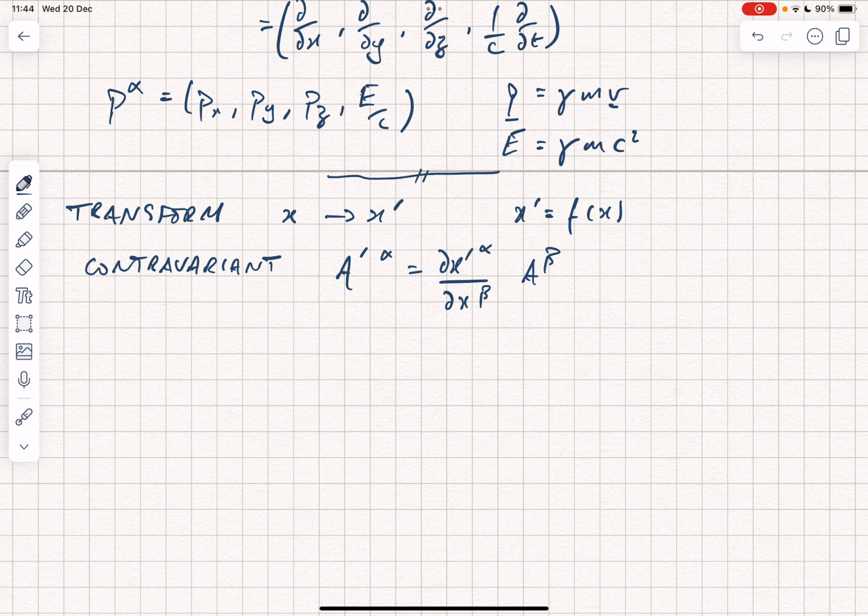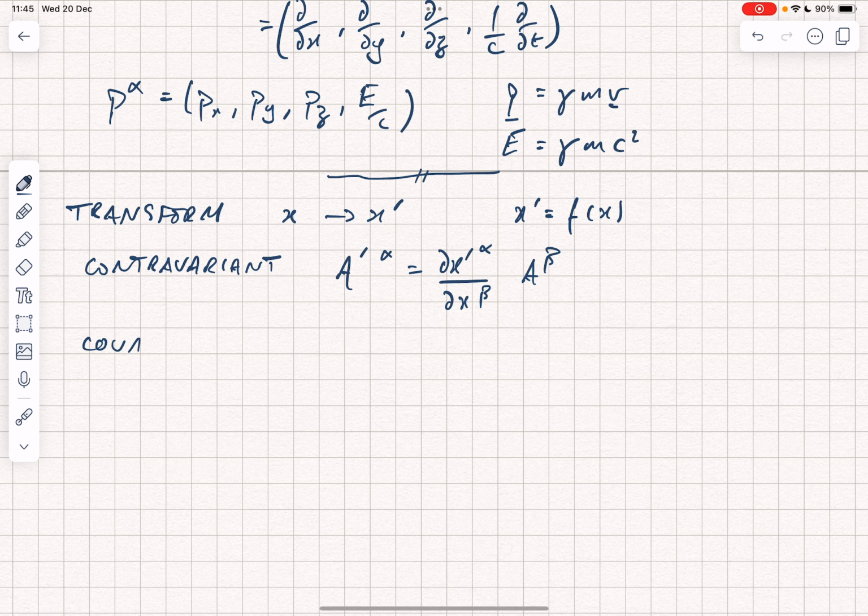And let's just pause a second and take note of what's going on here. So d by dx superscript beta is actually a covariant quantity, and so covariant contracts with contravariant. This effectively has a lowered index, which we contract there, and then the alphas combine here, so that's fine.